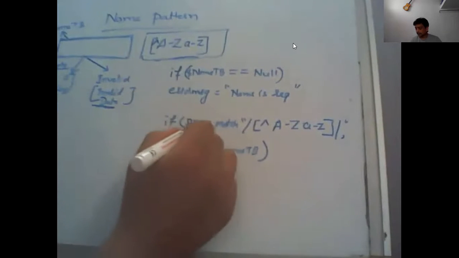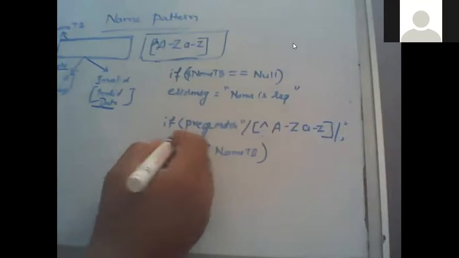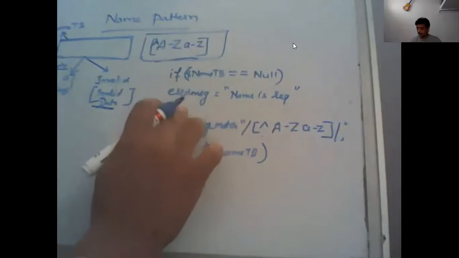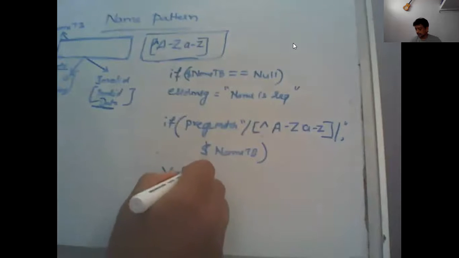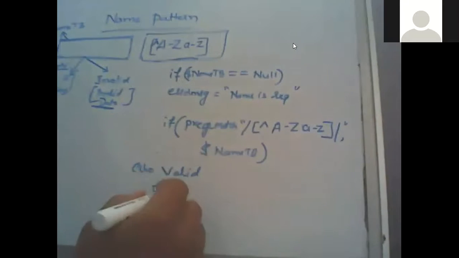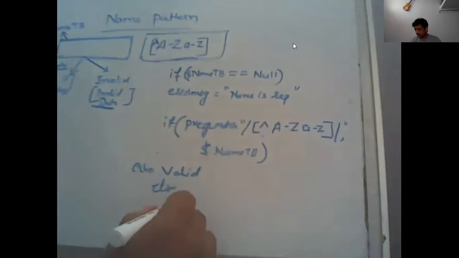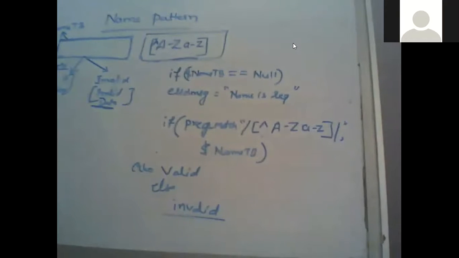If I check the condition, preg_match, if it is true, then I call it valid data: echo valid. Else, if it does not match, it is invalid data.